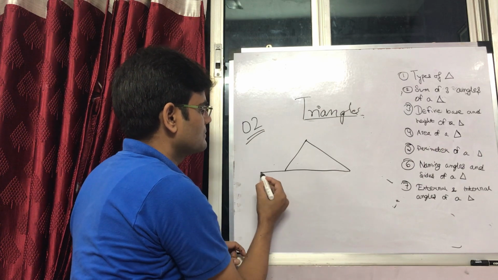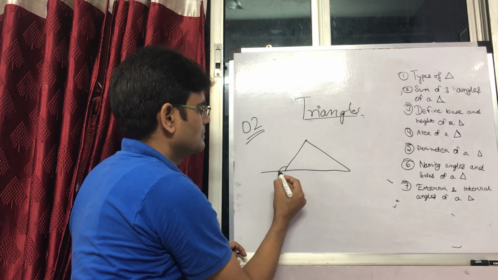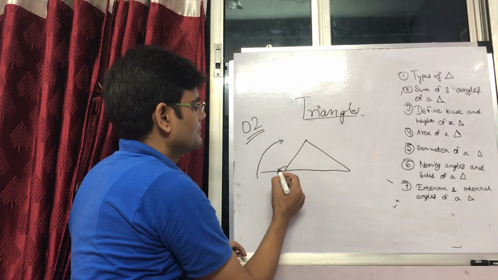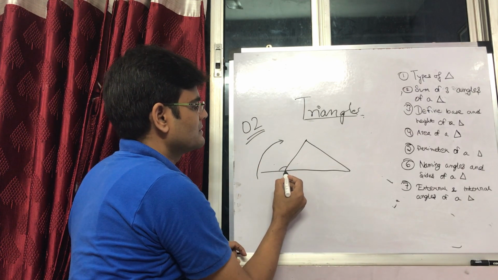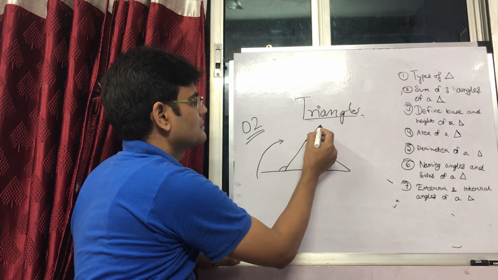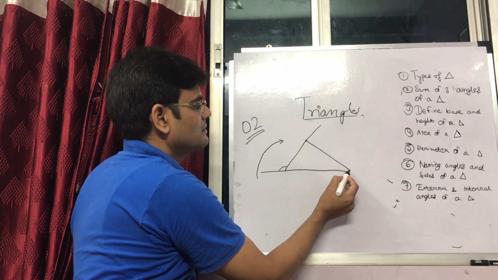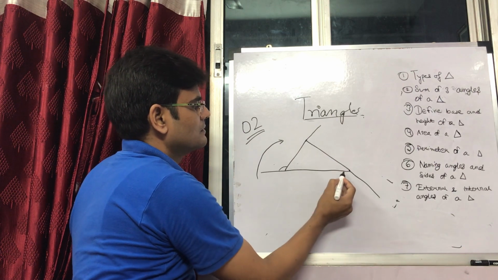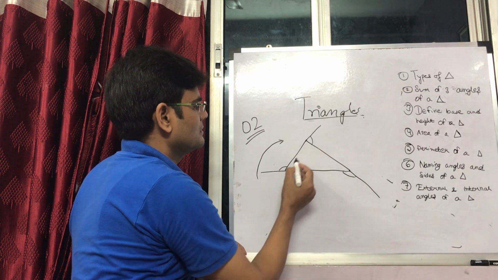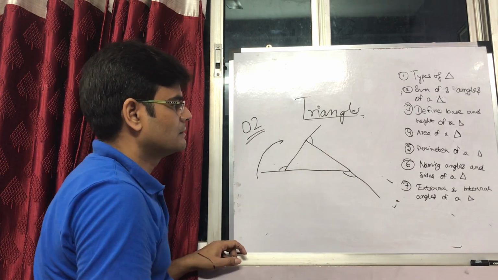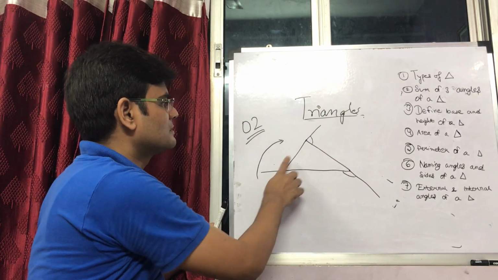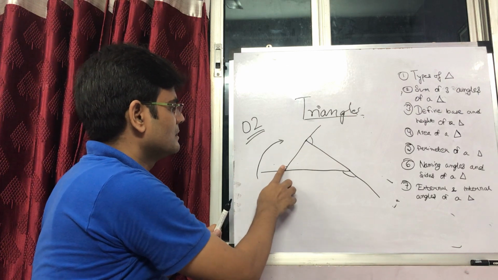If you start with this one, we are going anti-clockwise. This is the side which you extended, so you have to extend this side. So this is the external angle, this is the external angle, and this is the external angle. And the sum of these three angles is 360 degree.